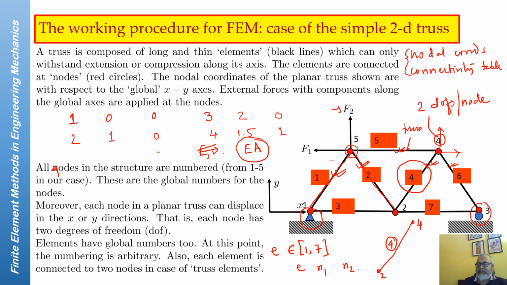And for trusses, and later beams and so on, we will have to give an even smaller number of property parameters. For the truss, it's the value of E times A. So you have to give E times A for element 1, element 2, element 3, element 4, and so on. That's one additional piece of information that you need.